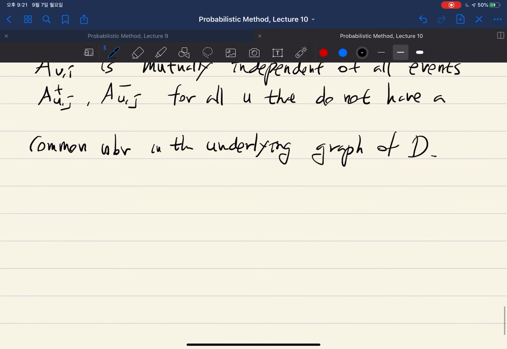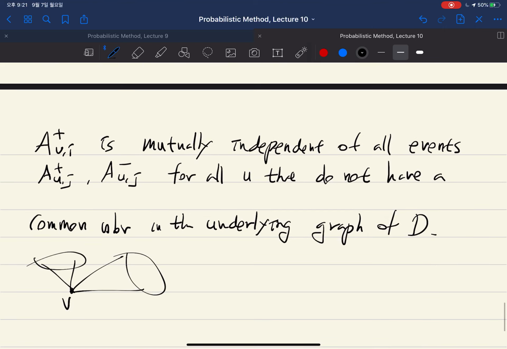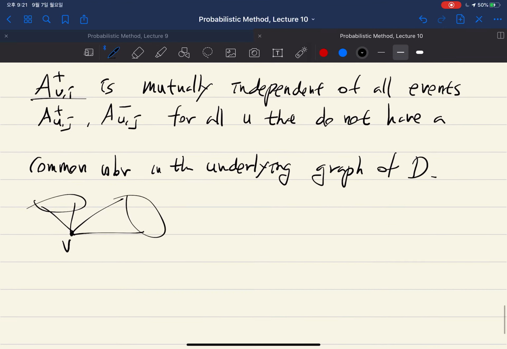So we have v, and you consider out neighbors or in neighbors. If we have some vertex u which also has out neighbors or in neighbors there, then this event can be determined by the colors of those.